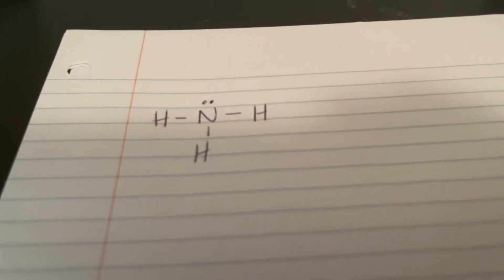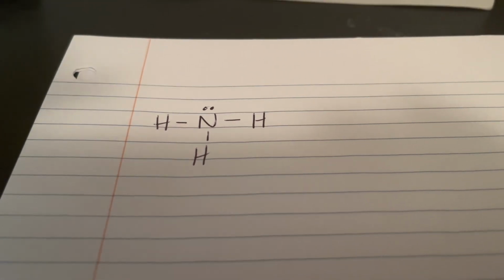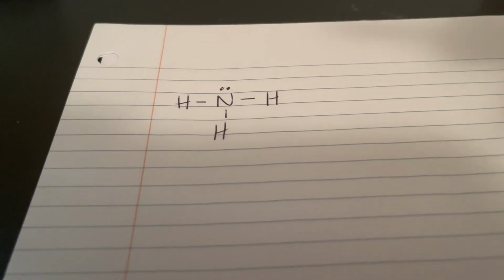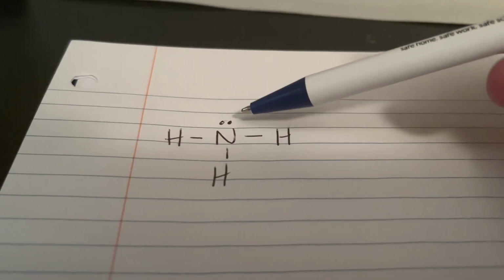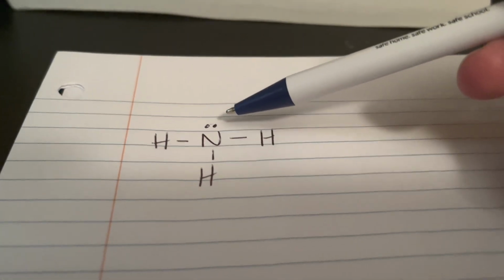Let's look at an ammonia molecule. I believe this is in your book. Okay, so around the central atom, we have 3 bonds and a non-bonded pair of electrons, right? So these electrons are closer to the nitrogen atom than if they were bonded, okay?